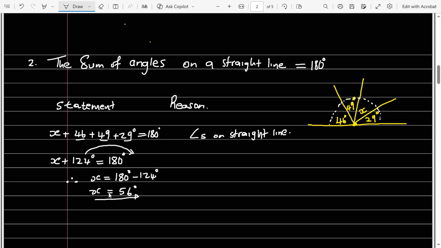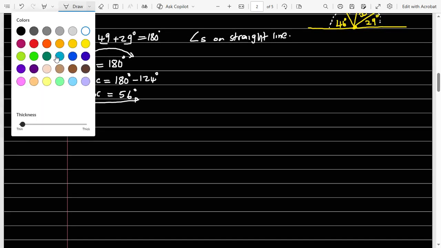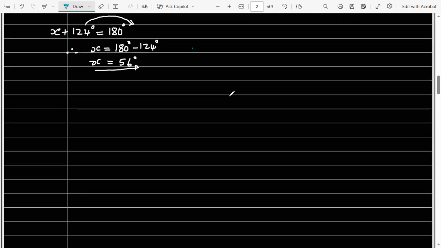We have some of the things that we can discuss, which is two angles that add up to 90 degrees. Let's say you have two angles that add up to 90 degrees. What do we call those angles? We call those angles complementary angles.